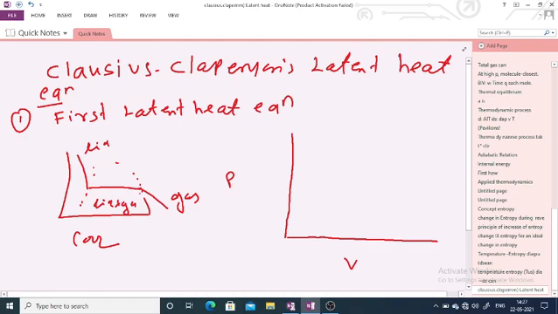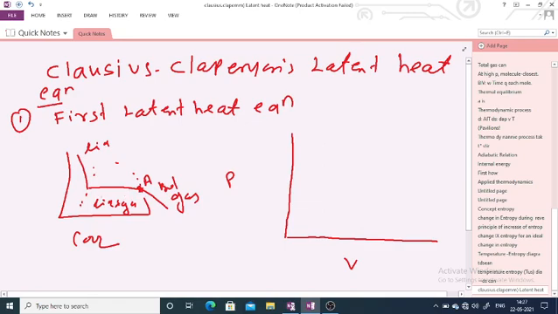According to Andrews experiment, when the gas is compressed, it starts to be converted into liquid. Here Boyle's law is followed, as it is a completely pure gaseous state. But at this point A, it starts to convert into the liquid state.